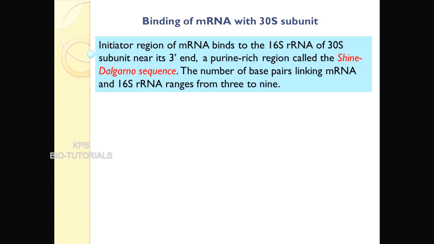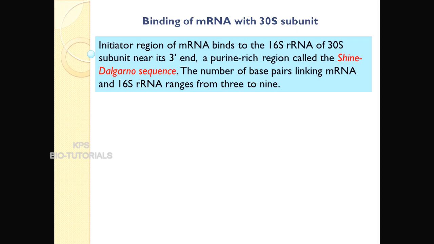This Shine-Dalgarno sequence will base pair with its complementary bases in the 16S rRNA in the 30S subunit. You know, the 30S subunit contains the 16S rRNA and many ribosomal proteins. The rRNA present in the 30S subunit is 16S rRNA. This 16S rRNA contains complementary bases to the Shine-Dalgarno sequence in the mRNA.